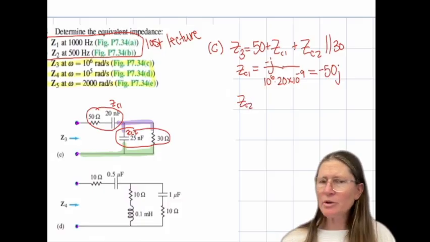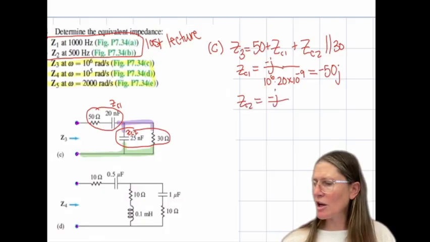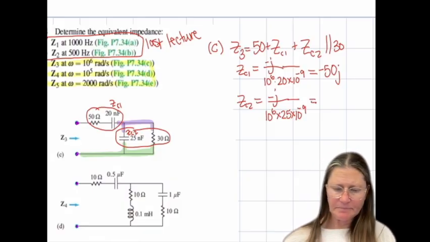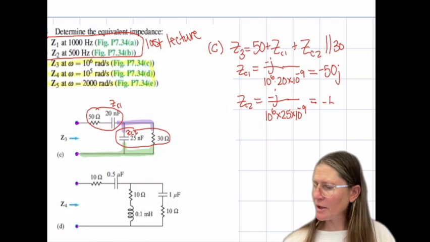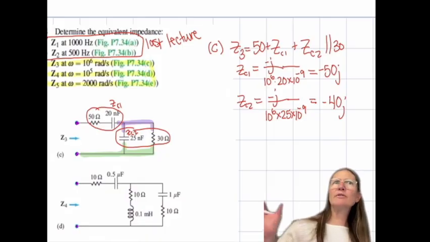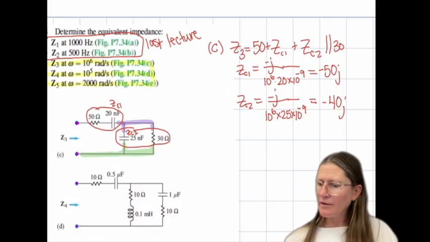And ZC2 is going to be minus j over 10 to the 6 times 25 times 10 to the minus 9, which should be minus 40j. You guys get minus 50j and minus 40j? Okay, good.